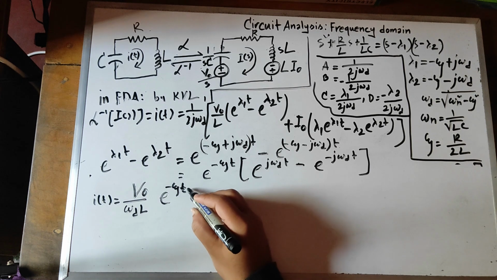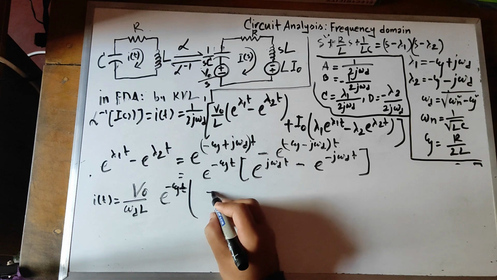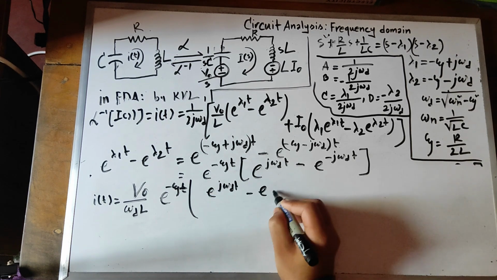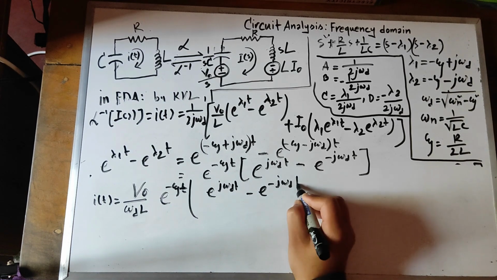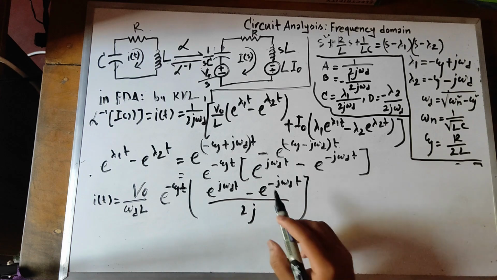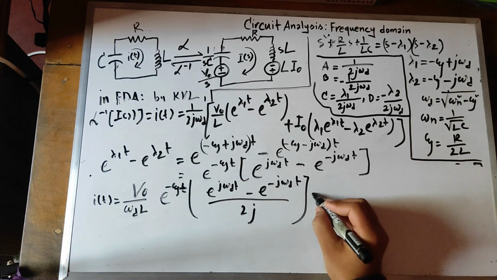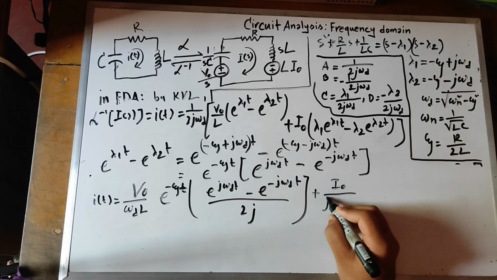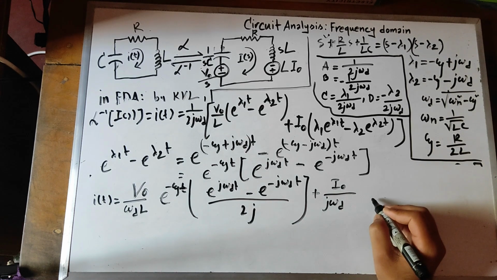This is like this, and the power j omega d t minus the minus j omega d t by 2j. I'm just rearranging this now, plus i0 by omega d.